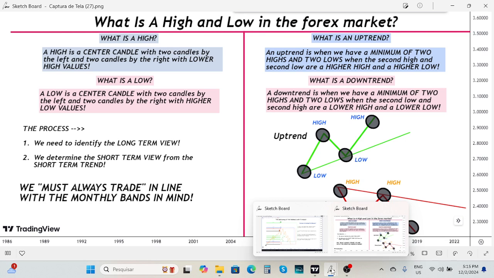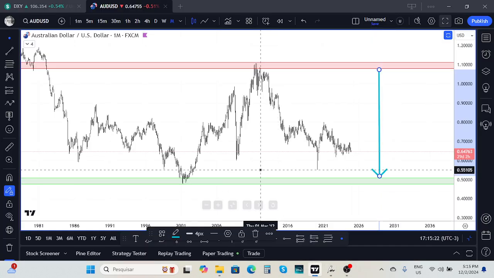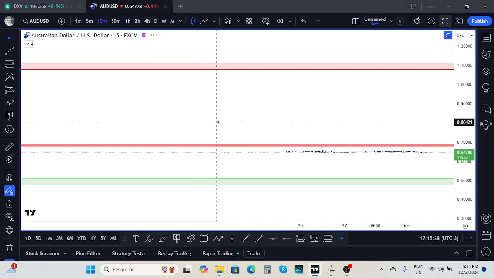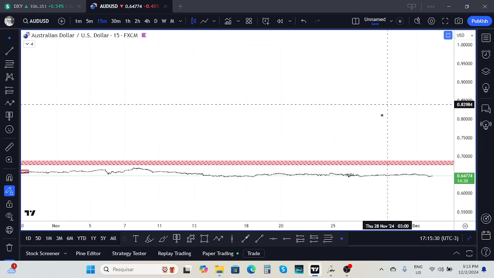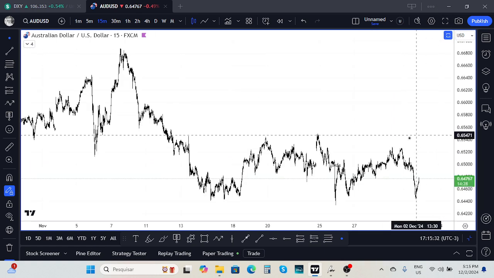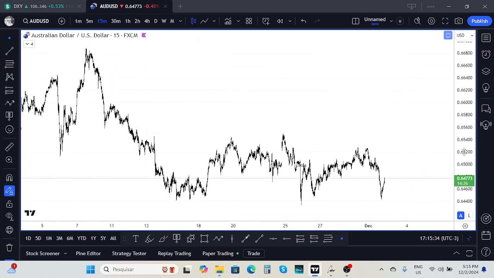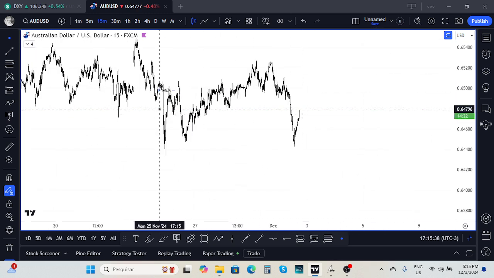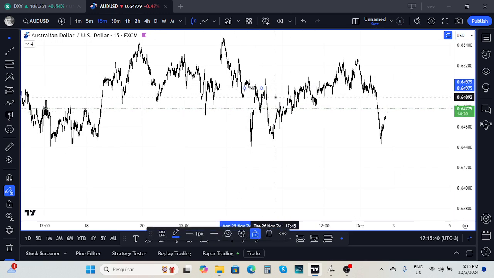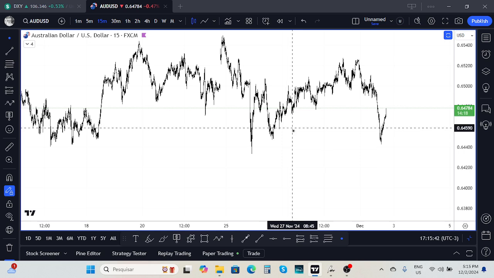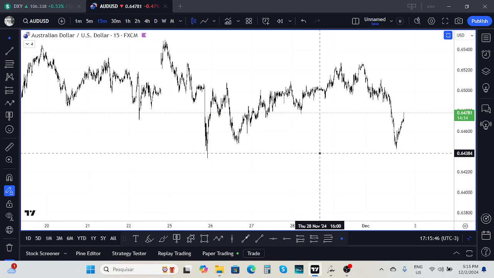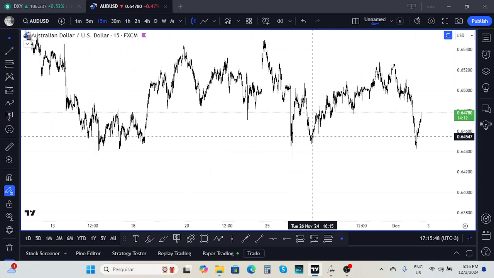So as we are analyzing the market, whatever we are doing, for example on the 15-minute chart, we have it in our heart already that from the monthly band point of view, the market is going to go all the way to the downside.